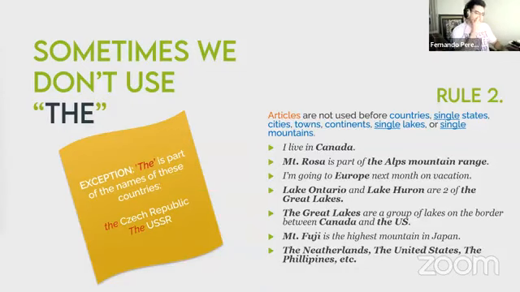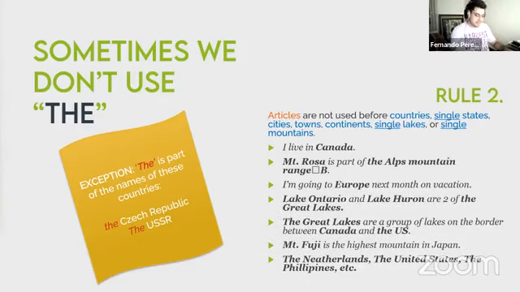Finally, how do you say this in English? I want to use easy vocabulary. The second example: Mount Rosa is part of the Alps mountain range. Mountain range is a group of mountains. Do you understand mountain range?